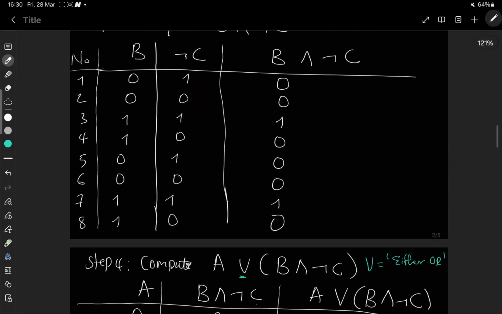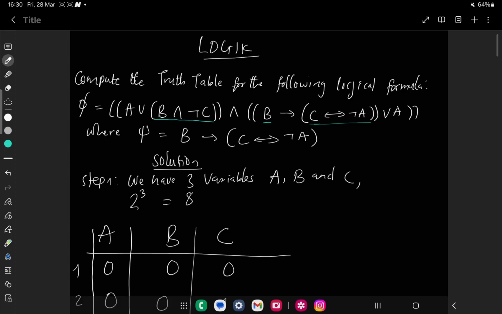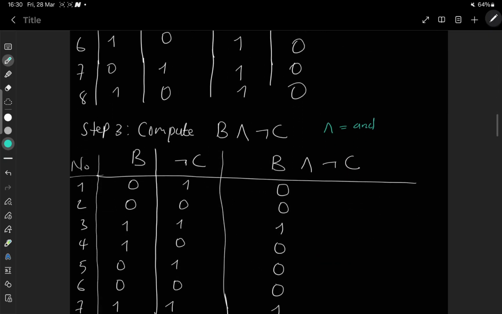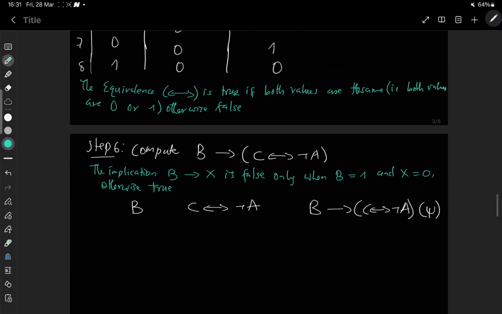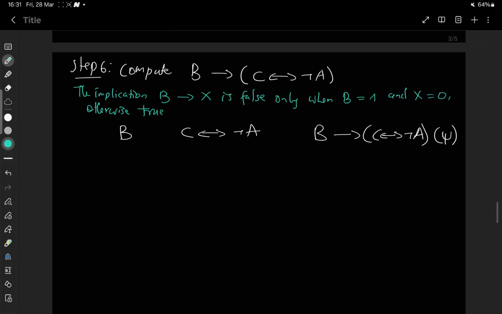Psi was given to us here. This is our psi. So we'll construct the truth table. We have this here.